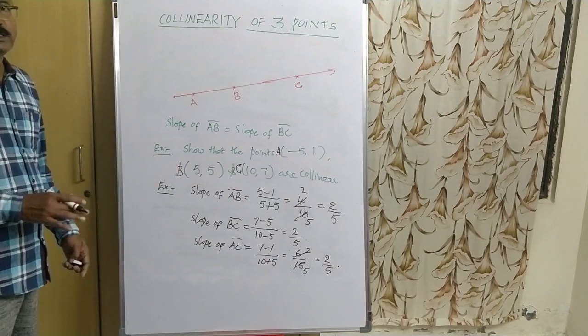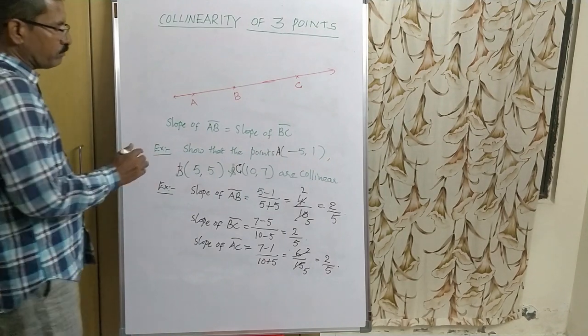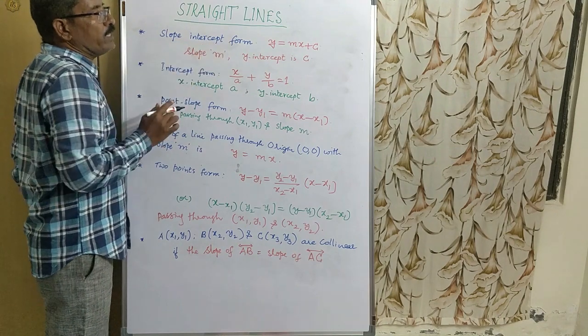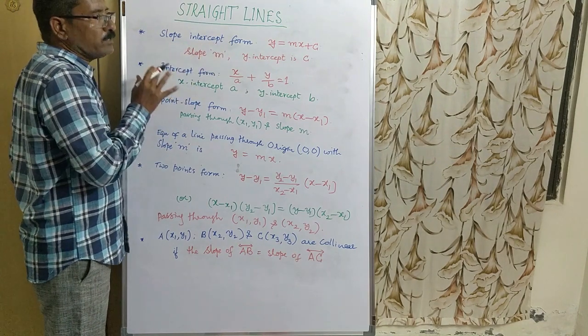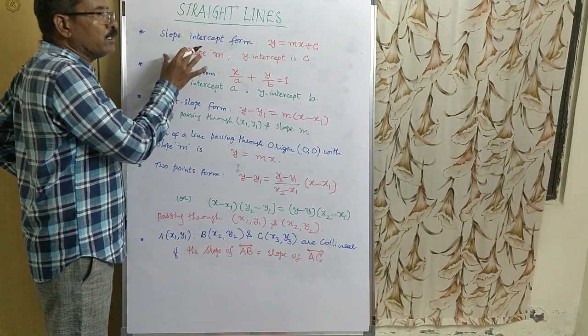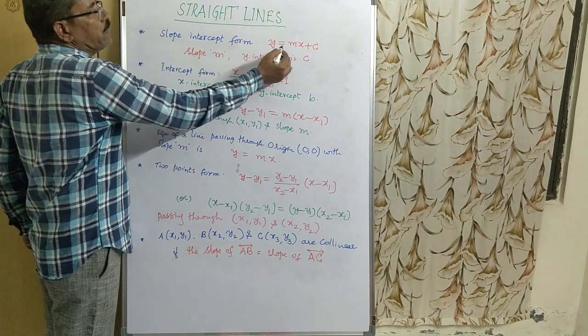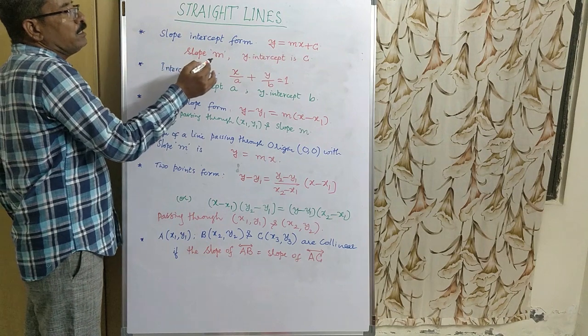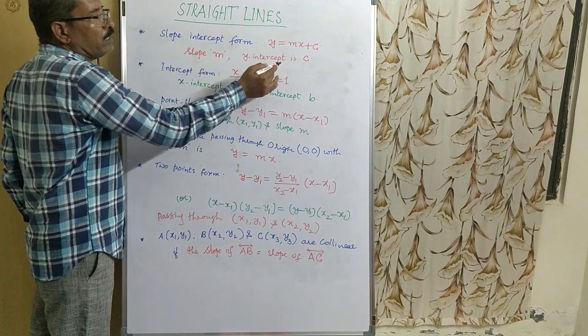And then the slope intercept form of a straight line. The different forms of a straight line, that we also learned in the class. y is equal to mx plus c, where the y-intercept is c. That means the line cuts the y-axis at 0 comma c. The slope is m.